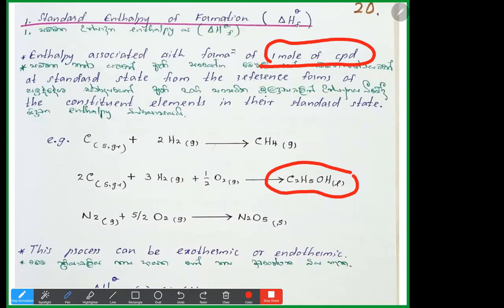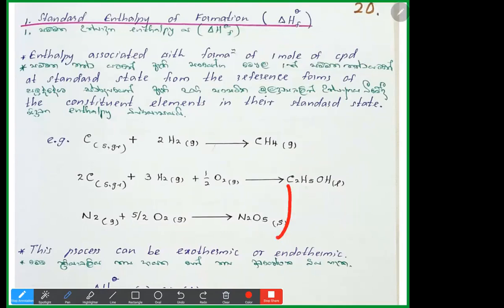At standard state, ethanol is in liquid form, at standard pressure and everything. The reference forms of ethanol are supposed to come from carbon, hydrogen, and oxygen.